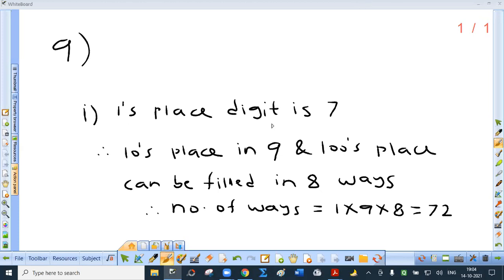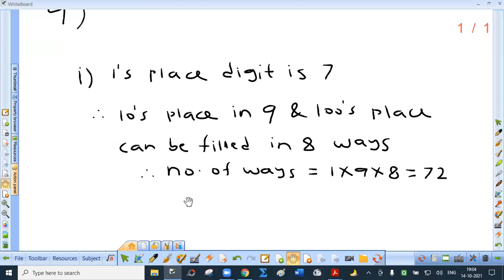Same will be for digit 7 in the tens place. Write down.